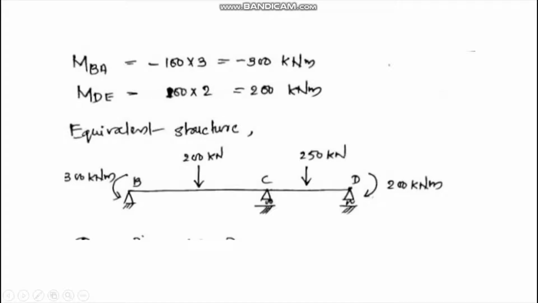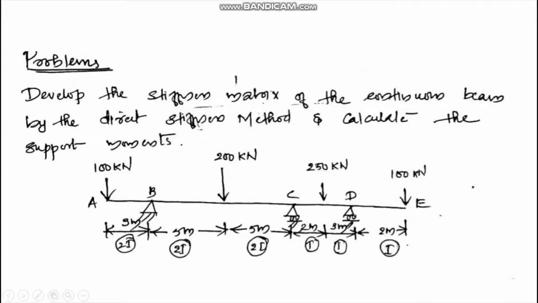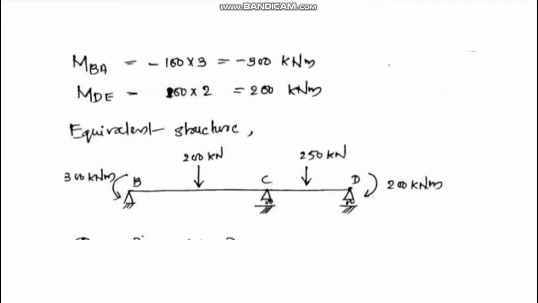MBA equals 100 into 3, since it is in the anti-clockwise direction. A minus sign is provided, so minus 100 into 3 is minus 300 kilonewton meter.